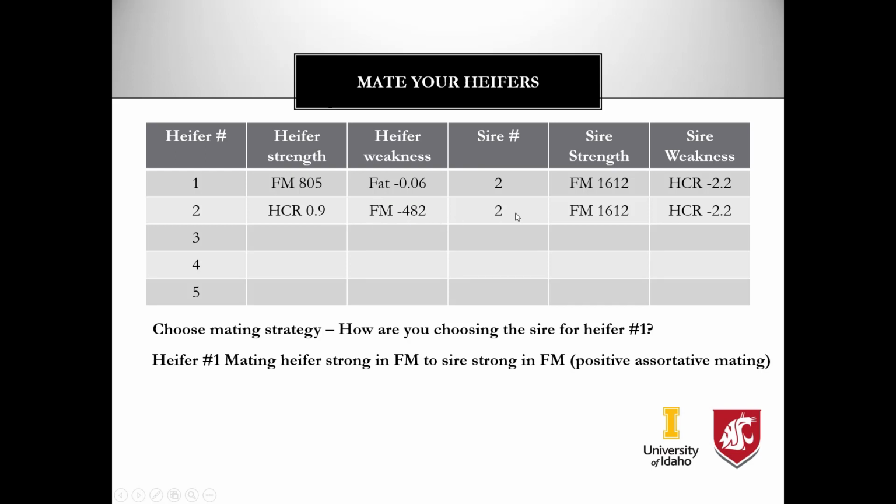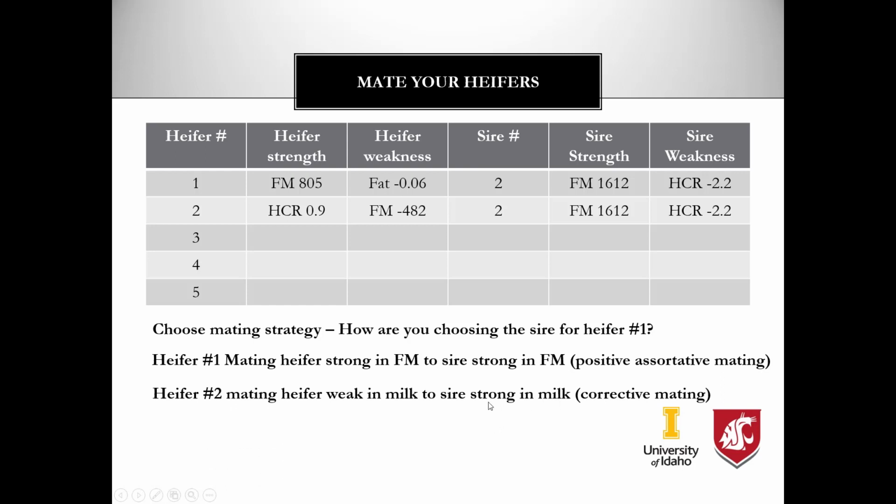Now sire number 2 could correct her bad fluid milk at minus 482 because that was his strength. And his weakness was heifer conception rate at minus 2.2. So when we take a weakness in one trait, fluid milk for the heifer, which is the strength for the sire, and the strength for the heifer was heifer conception rate, whereas that was the weakness for the sire, and we try to balance those, we call that negative assortative or complementary mating.